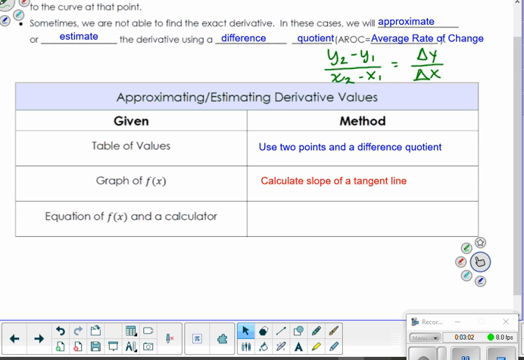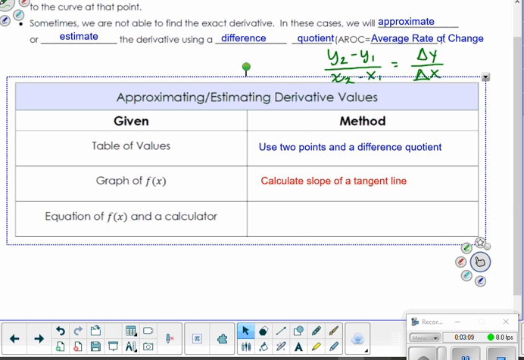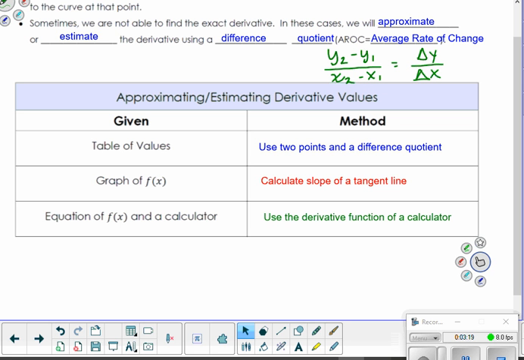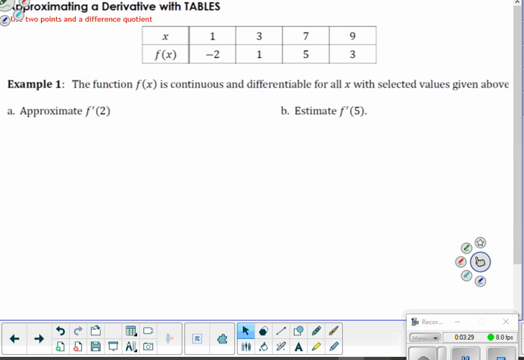That would be one way of doing it. Or you could grab the 2 points and go back to the table of values idea, where we take 2 points and find the difference quotient. And then finally, if I have a special calculator like our graphing calculators, it will calculate derivatives for us at a point. So we're going to go through how to do that as well in our lesson today.